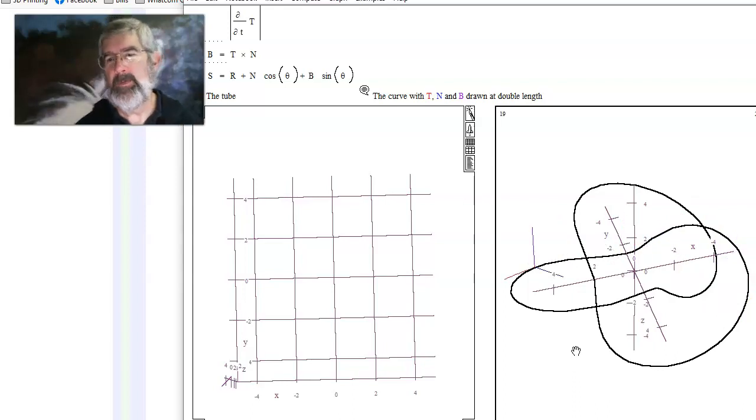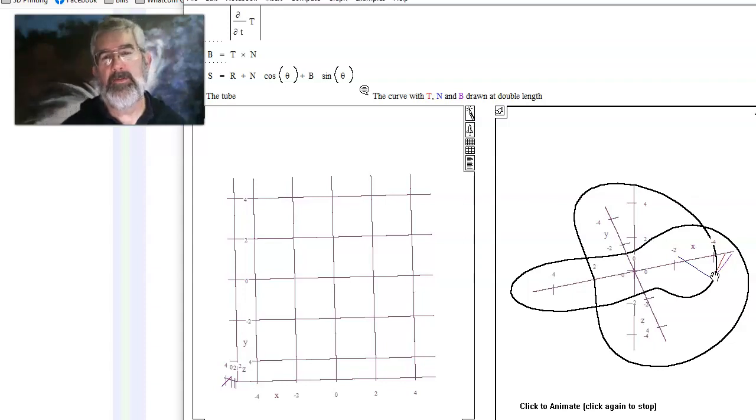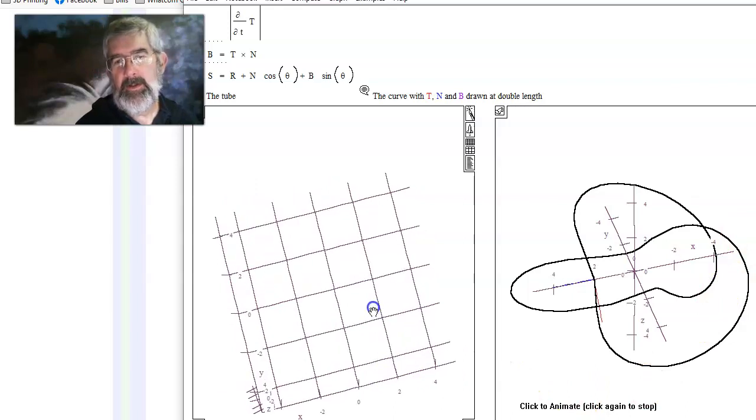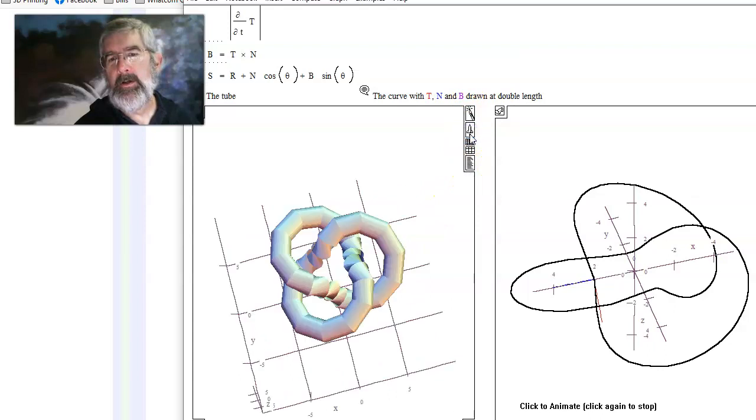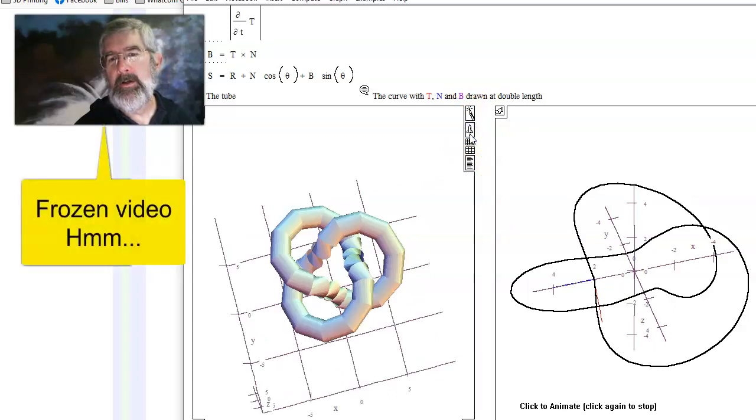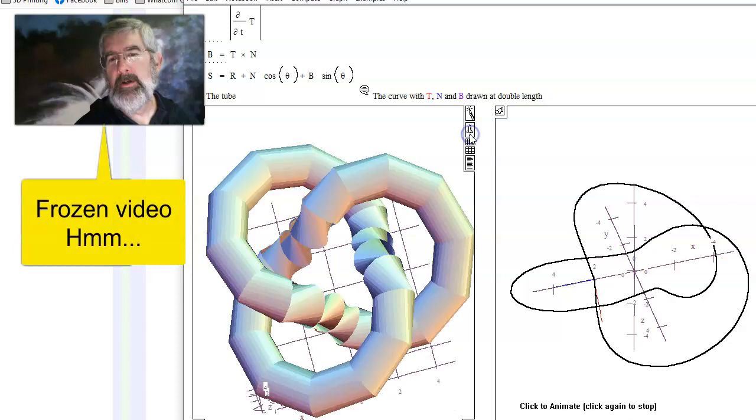Now, the thing I like about having these TNB vectors is that they create a coordinate system on the curve, where T is parallel to the curve and N and B are perpendicular to the curve. And so in this picture over here, which you can't see because it's not drawing it, let me zoom out and zoom back in again, see if I can get it to draw what I want.